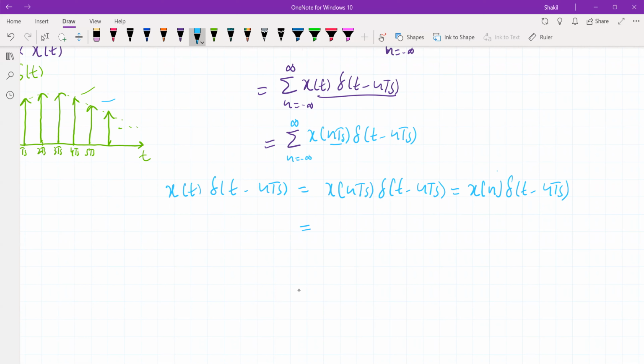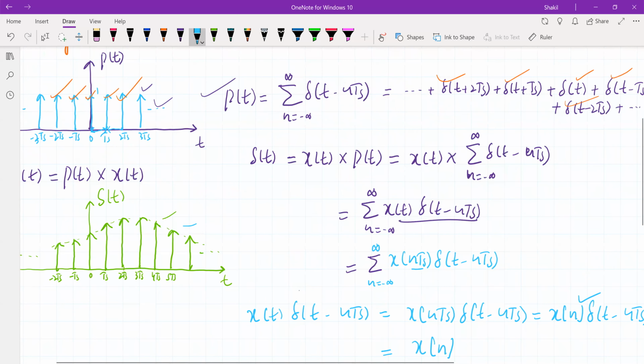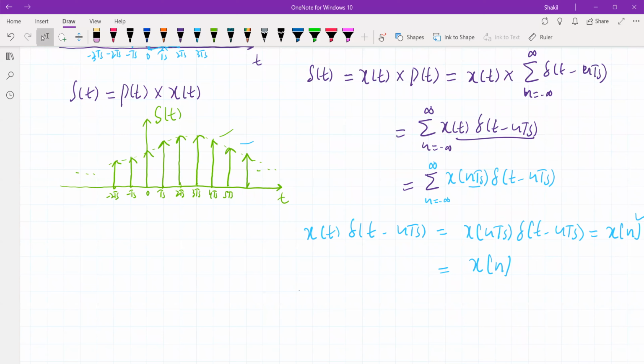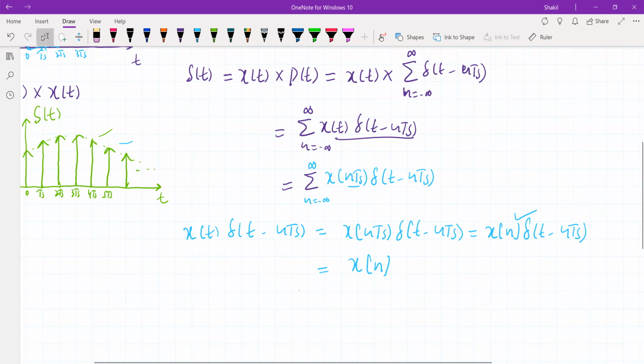We know the sampling is done at a uniform sampling rate, so we drop Ts. This is the meaning. So this is the discrete version of the original sequence. This is just the notation part.